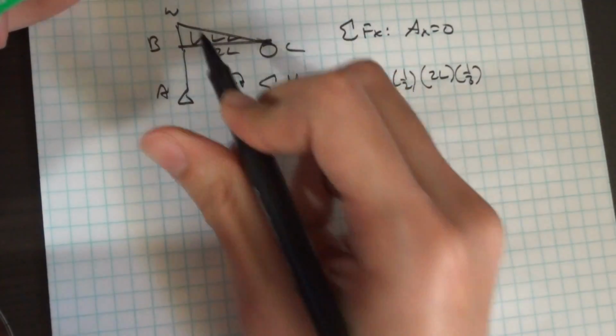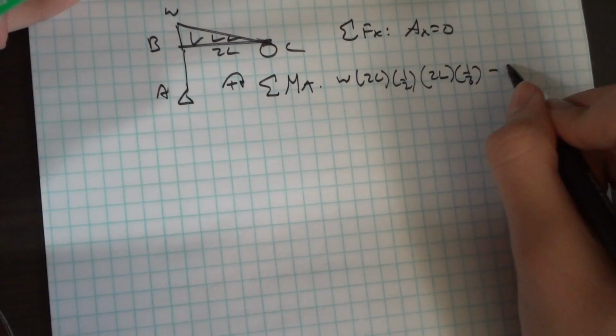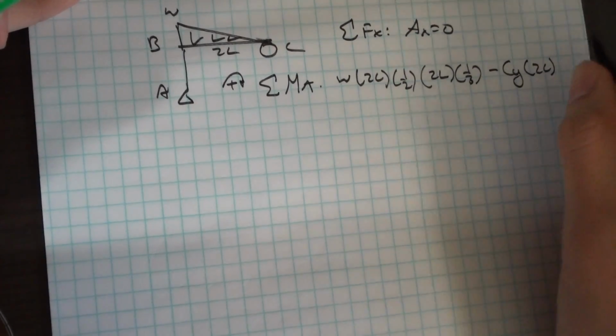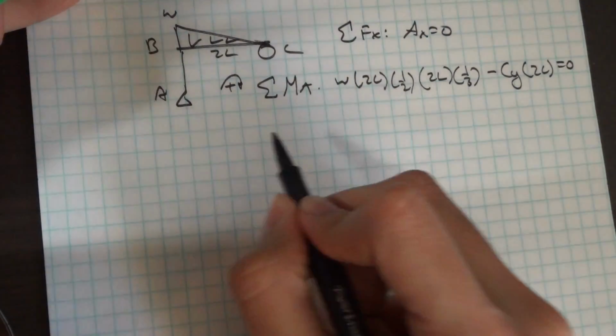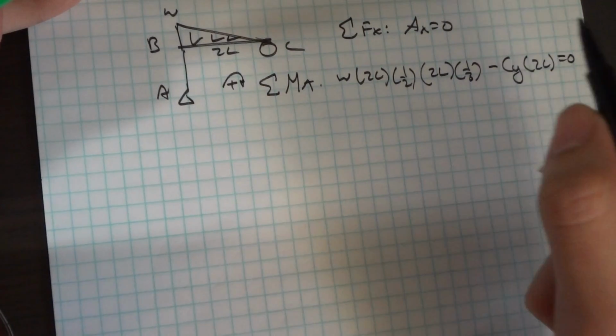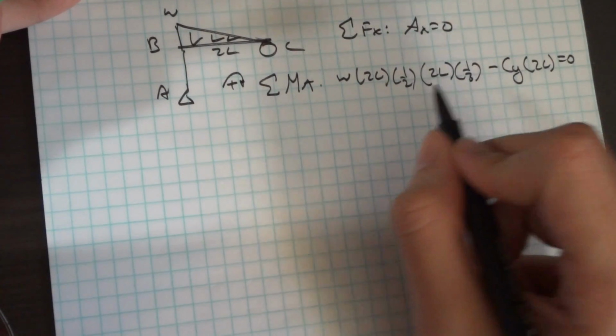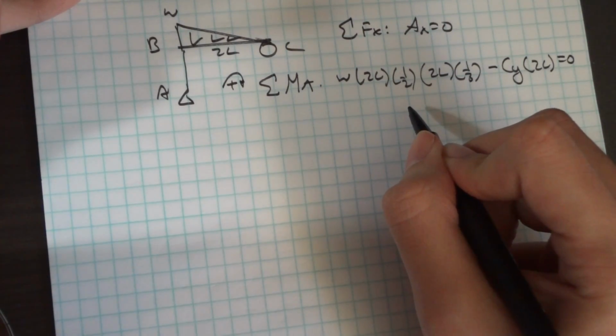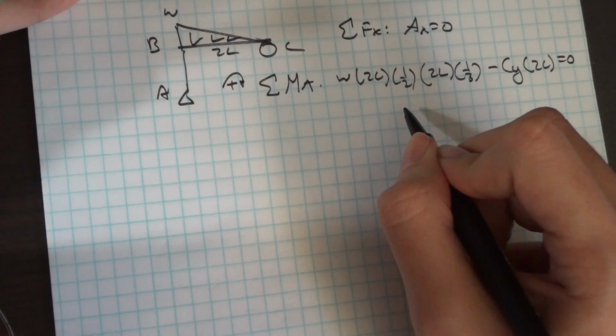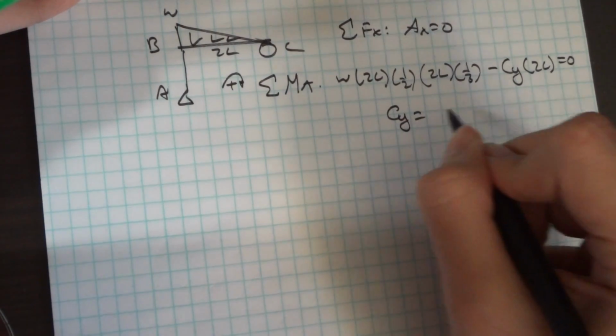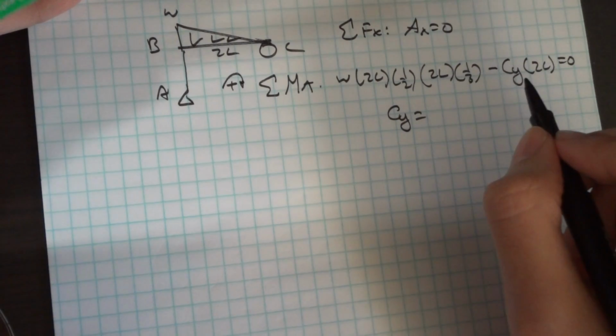I have this vertical reaction at Cy, so I have minus Cy times 2L equals 0. If I solve this out, I should end up getting that Cy is equal to WL on 3.